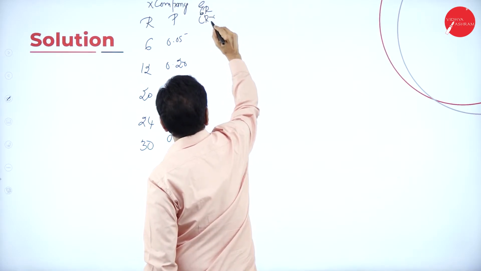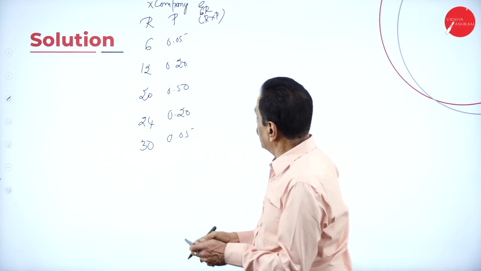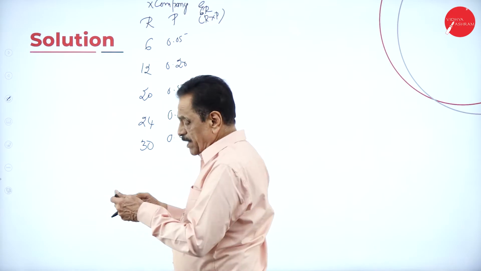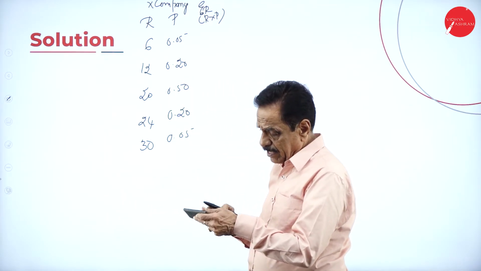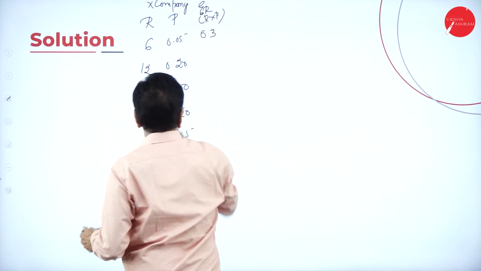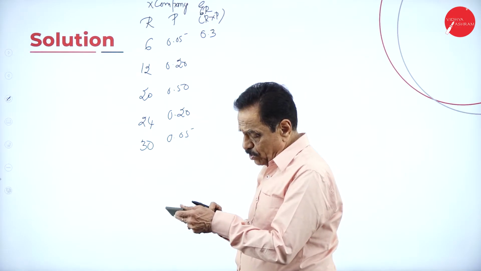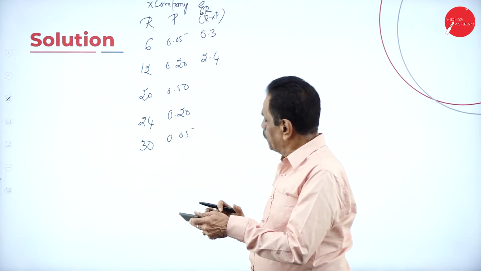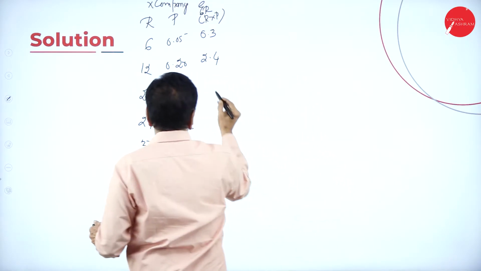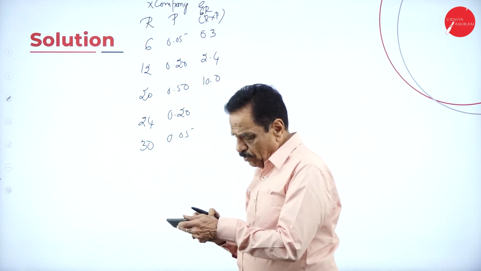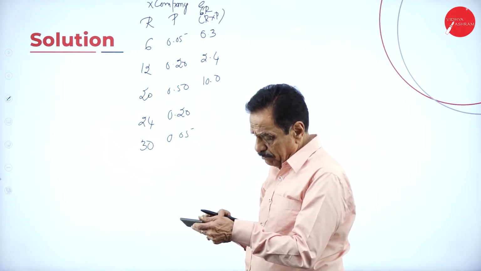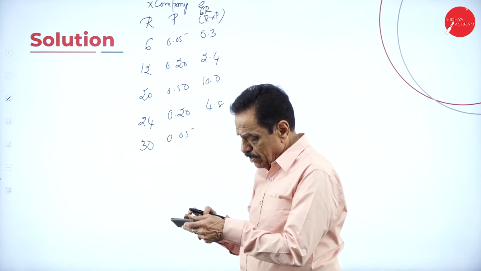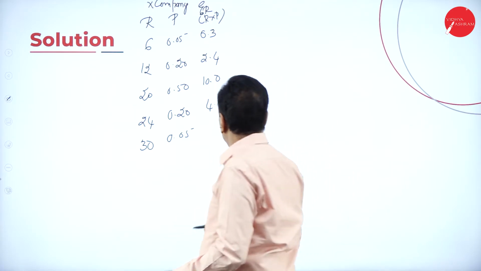Then expected return, this is R into P. 6 into 0.05 is 0.3. 12 into 0.20 is 2.4. 20 into 0.50 is 10. 24 into 0.20 is 4.8. 30 into 0.05 is 1.5.